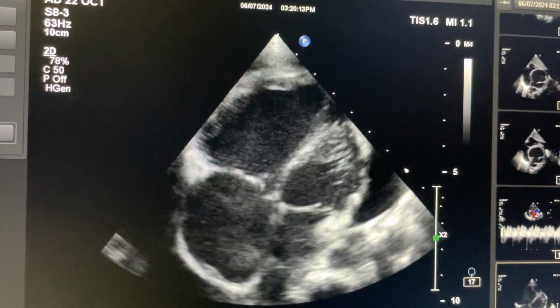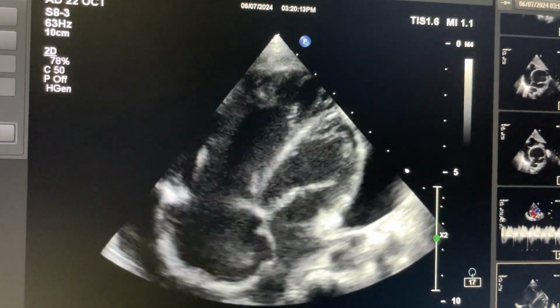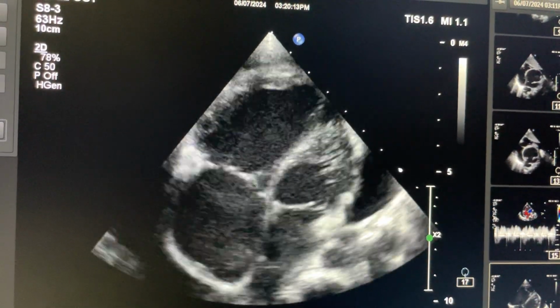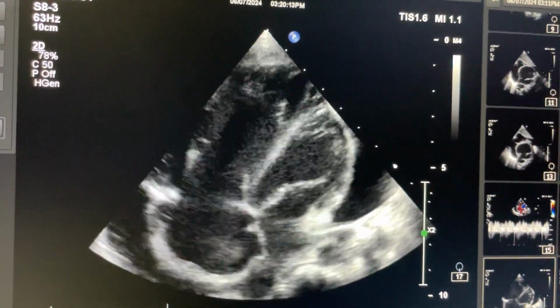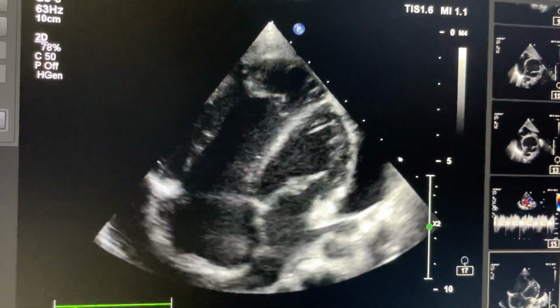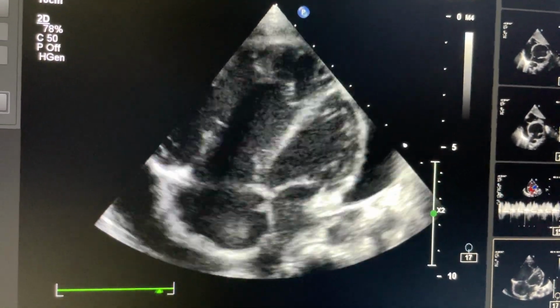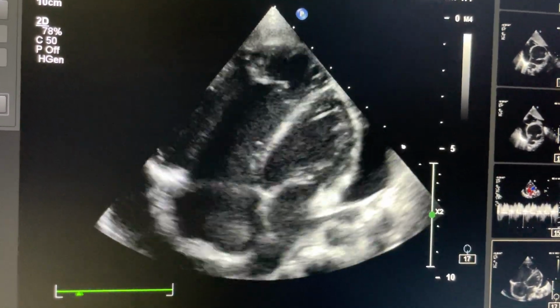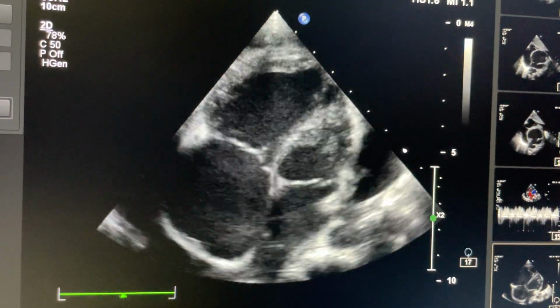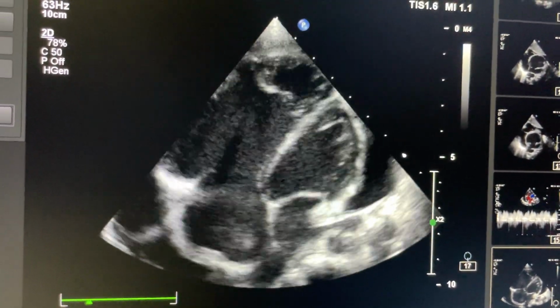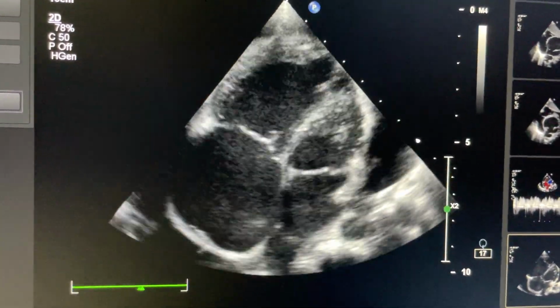So you have to see the status of the patient also to interpret the physiological findings of echocardiography. In this case there is no tamponade; clinically the patient did not have such a degree of shortness of breath. Thank you.